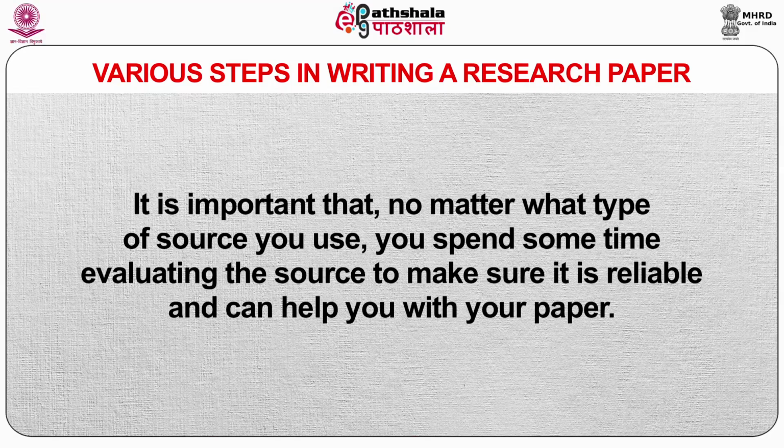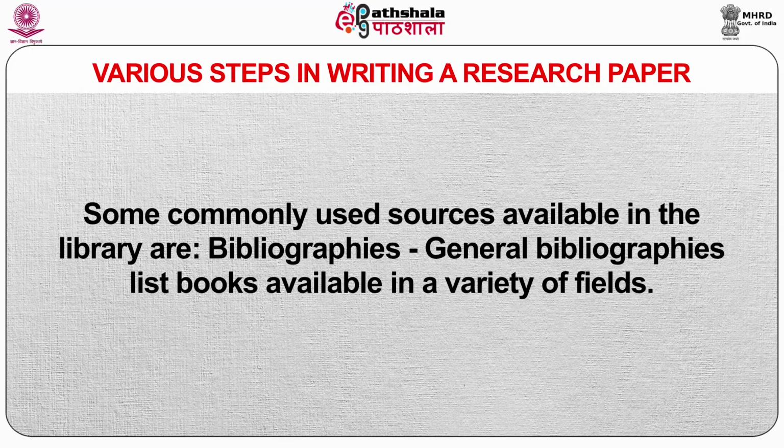It is important that no matter what type of sources are used, researchers should spend some time evaluating the source to make sure it is reliable and can help in developing the research paper. Some commonly used resources available in the library are bibliographies. General bibliographies list books, which are available in a variety of fields.